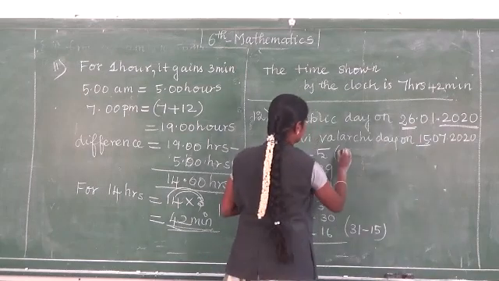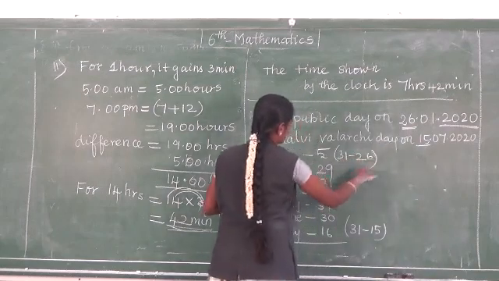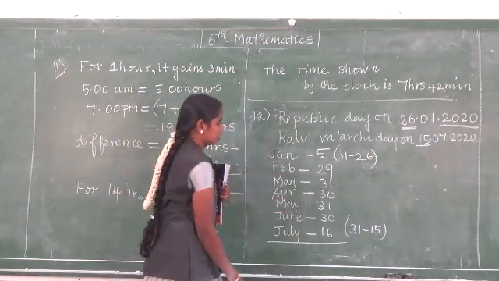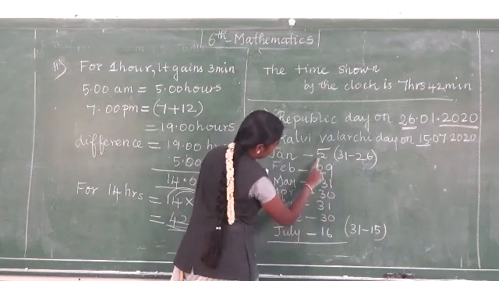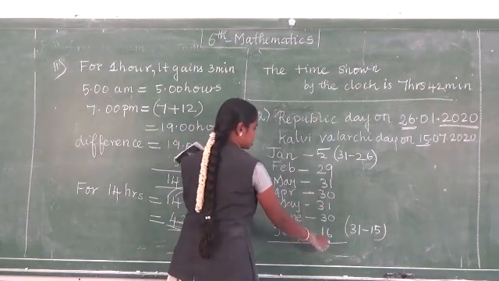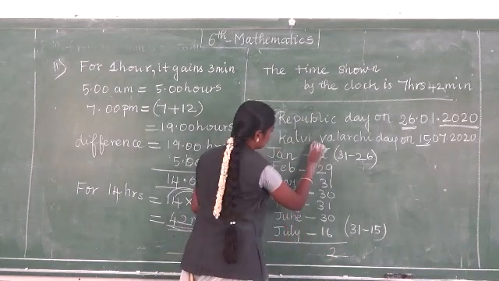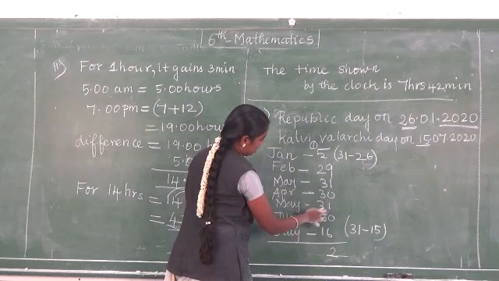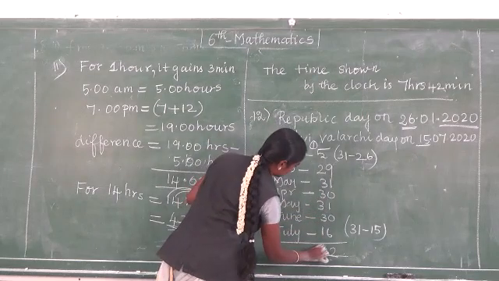So now we found in between days. Now add the days. 5 plus 29, 34, 65, 95, 111, 111 plus 16.